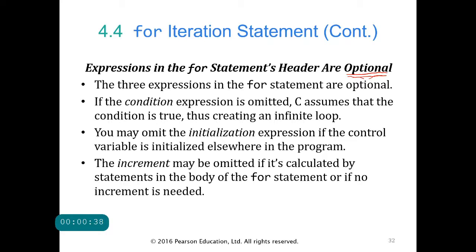So if the condition expression, which is in the center, is not present or is not written down, C assumes that the condition is true, and so it will create what is called an infinite loop. If you omit that statement, it will just keep running forever.